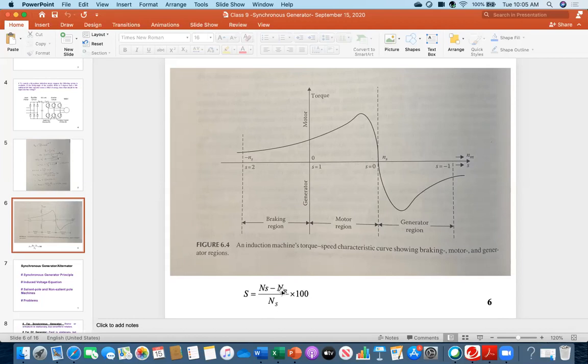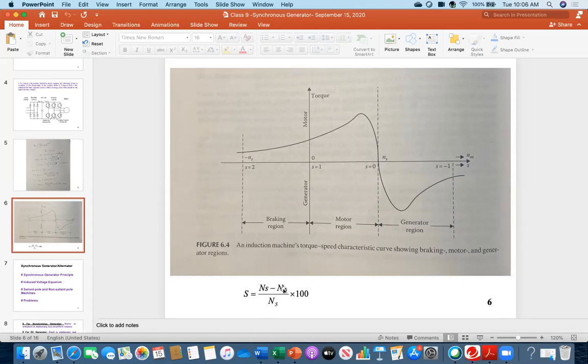But what is the meaning? Even though you apply voltage to the stator circuit, it cannot produce voltage on the rotor because there is no relative motion. The synchronous speed and rotor speed are equal. That is why the slip is 0.